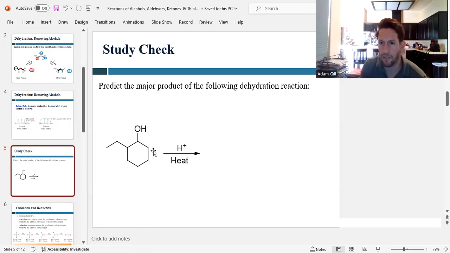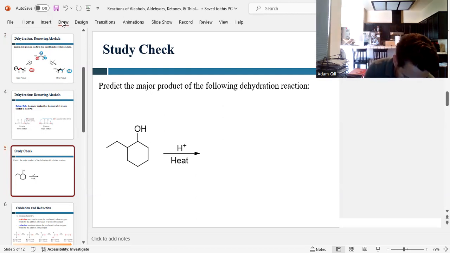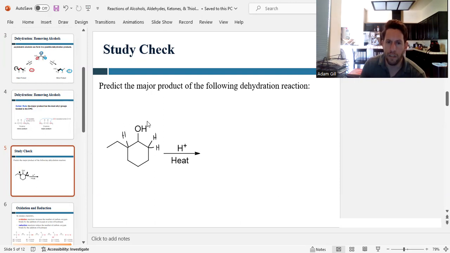And so now we have to ask ourselves, where are the hydrogens that are going to get removed? So let's draw these in. We know that there's one hydrogen here, and then two hydrogens on this position. And so we have to remove one of these hydrogens and the OH.